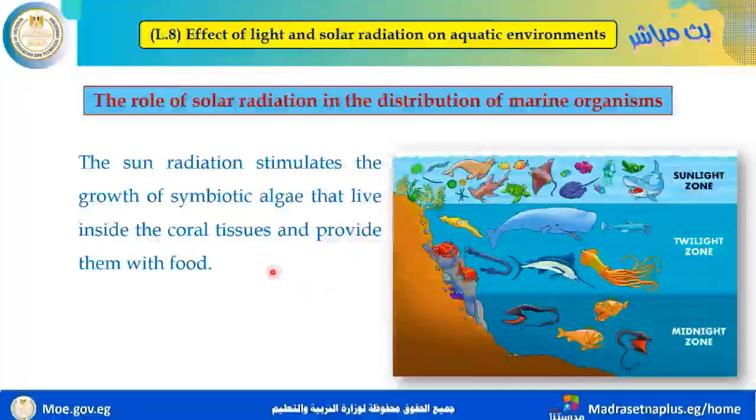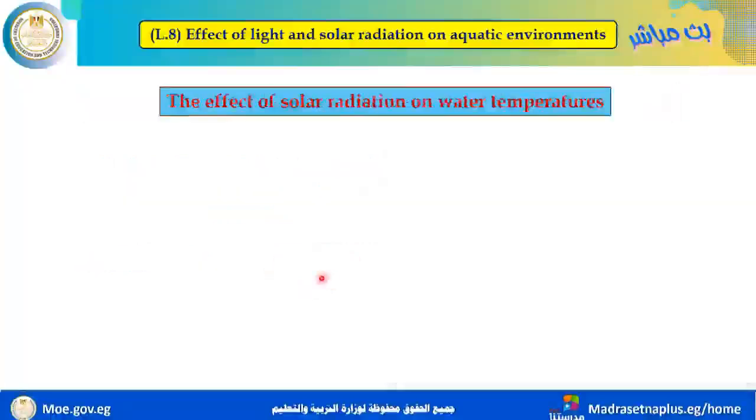Whether oceanic environments, seas, or freshwater environments. Okay, my dear students, now we need to know the effect of the solar radiation on water temperature, because the water temperature can also control the kinds of living creatures that can live in these areas.